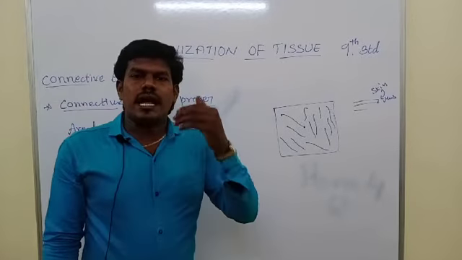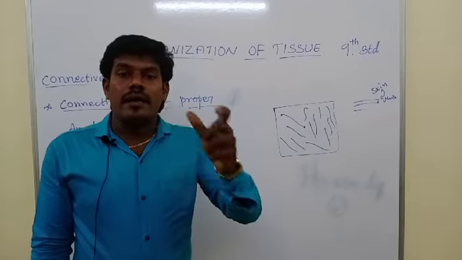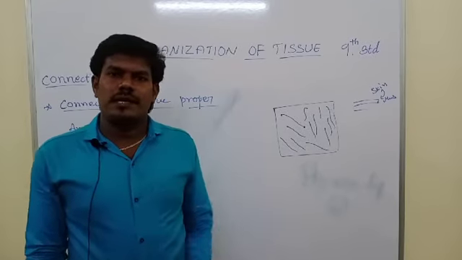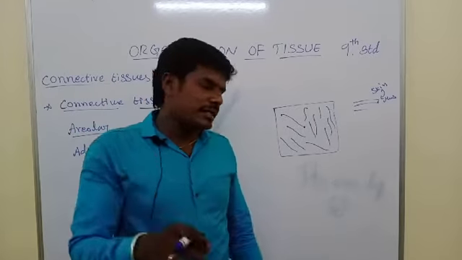And then next, adipose tissue. Adipose tissue is an aggregation of flat cells, or adipocytes.